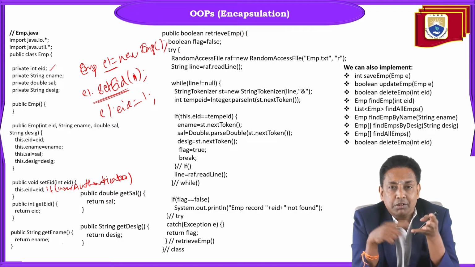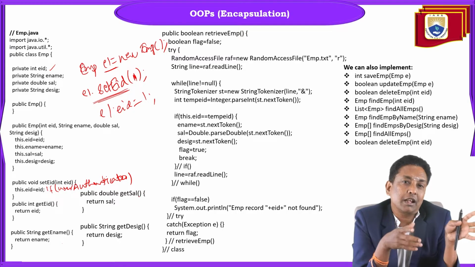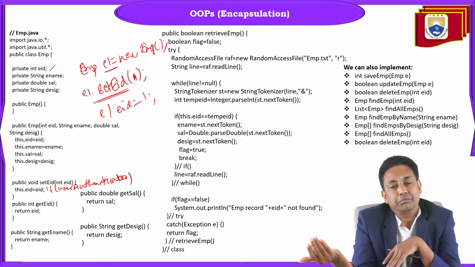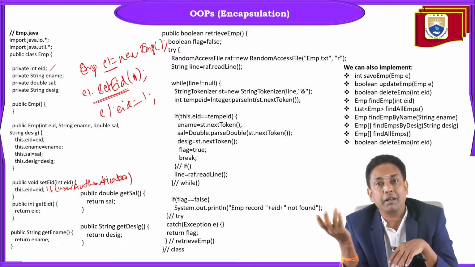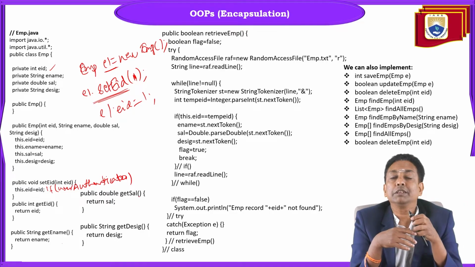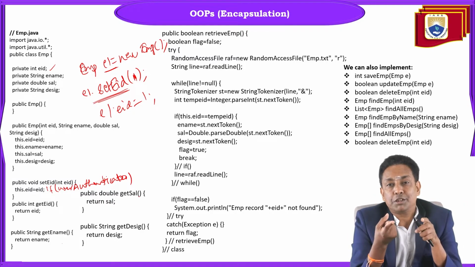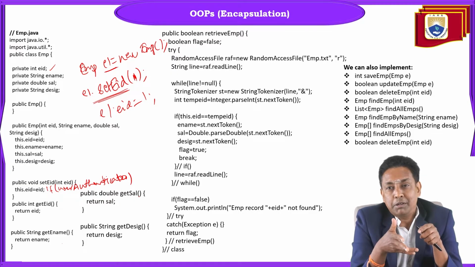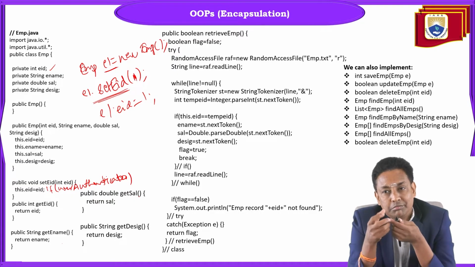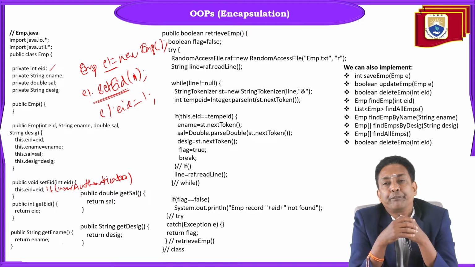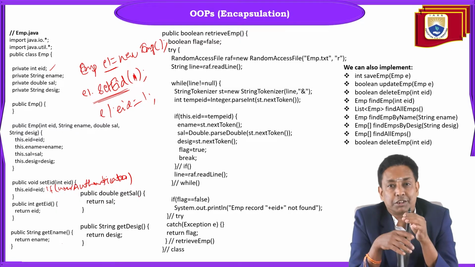Whether she is an admin or employee or a student or staff, a teaching staff or non-teaching staff, or a parent or an outside vendor, we check who this user is. If the username and password are correct, then based on their role, based on their type of user, we give authorization.